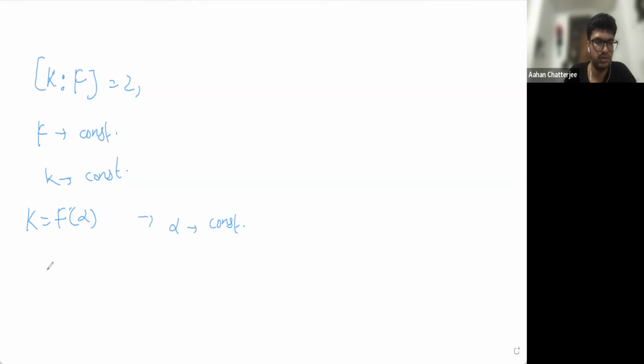So basically, you have something like alpha squared plus a alpha plus b equals 0, and you want to show alpha is constructible.